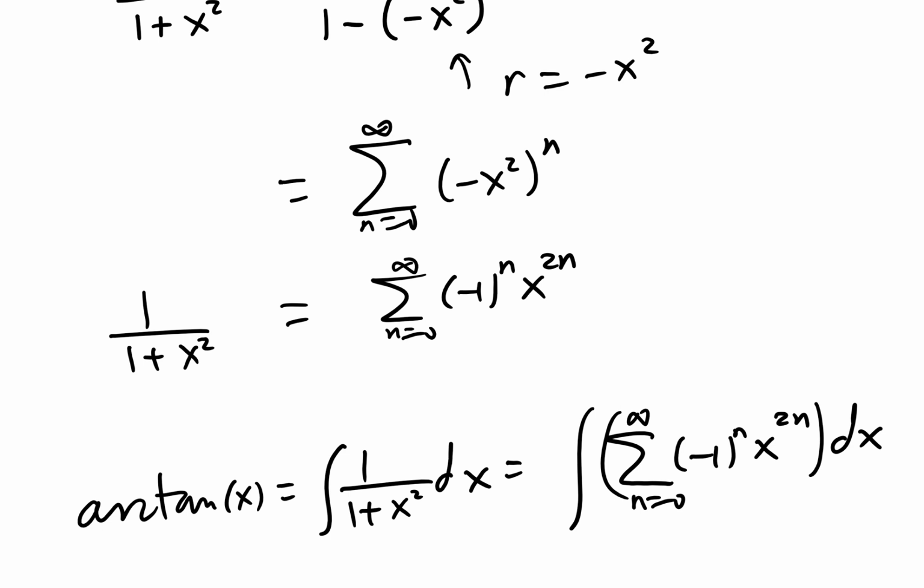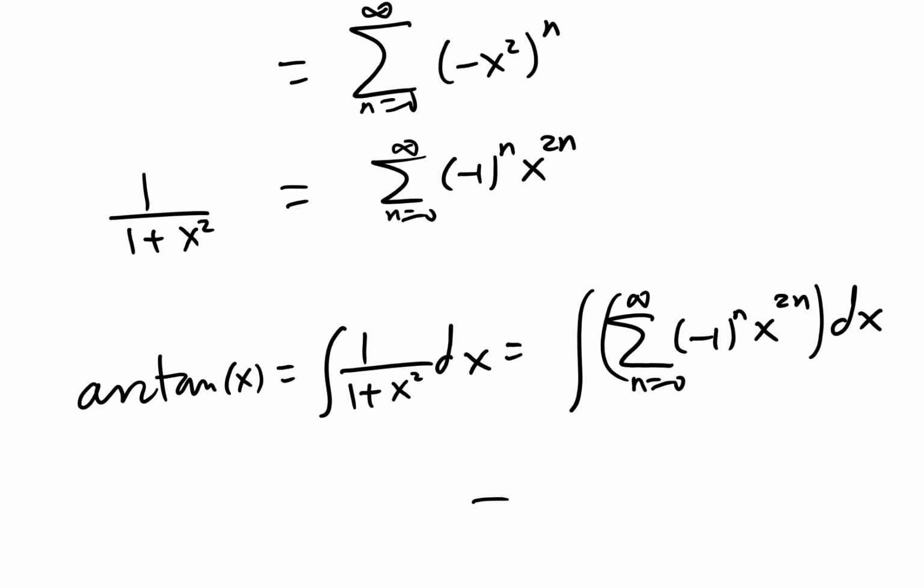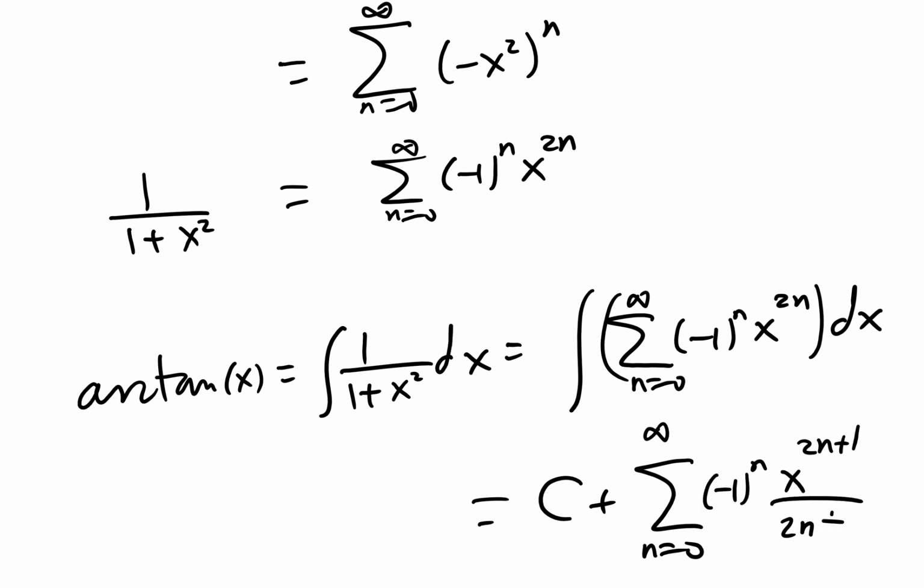And how does that work? You have a constant plus. When we integrate that sum, as we learned before, keep the negative 1 to the n, and x to the 2n plus 1 divided by 2n plus 1. So that would be the power series representation for arctangent of x.